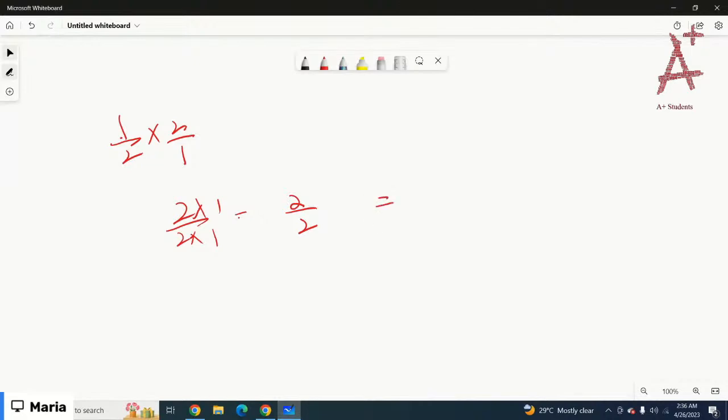It would be 2 over 2, or 1. So the correct option is 1.